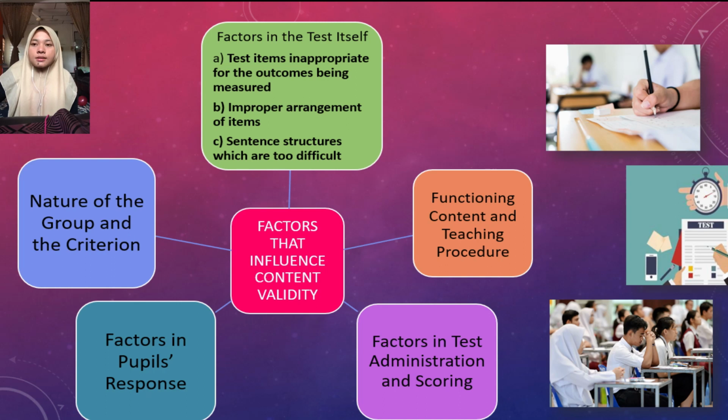The last one is the nature of the group and the criterion. Actually, it has already been explained to you that validity is always specific to a particular group. For example, an arithmetic test based on story problems may help us in measuring reasoning ability in a slow group, and a combination of simple recall of information skills in a more advanced group.